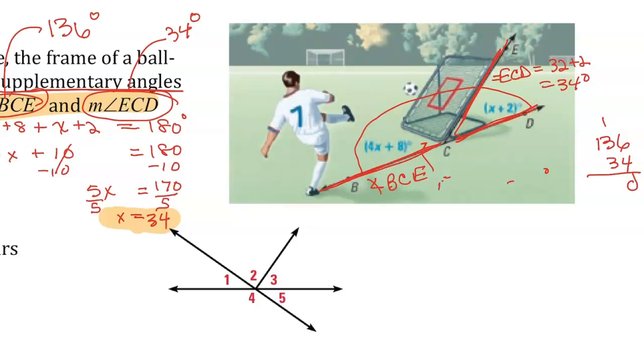So BCE is 4 times 34 plus 8. 4 times 4 is 16, carry the 1. 4 times 3 is 12, and 1 more is 13, plus 8 makes that 144 degrees. So we're going to change this to 144. Okay, so this is 144. So I'm going to change this as well.